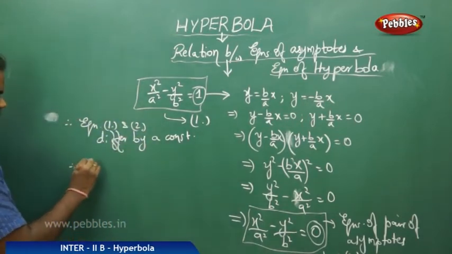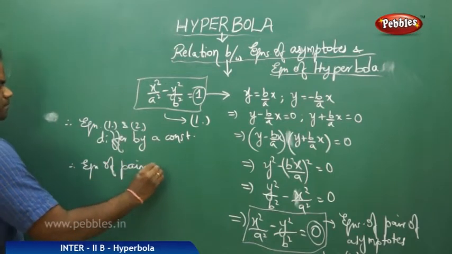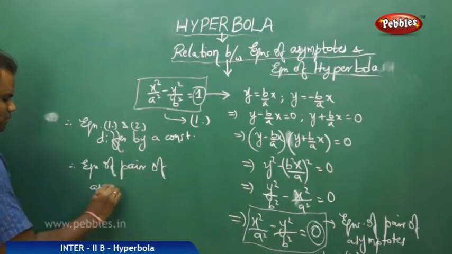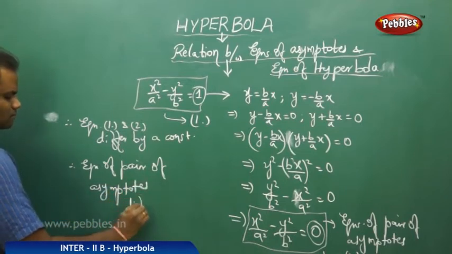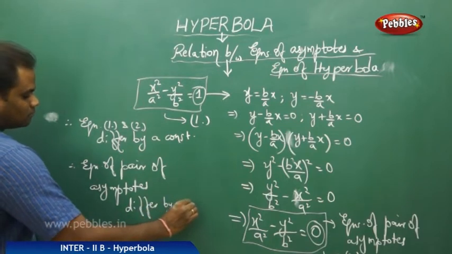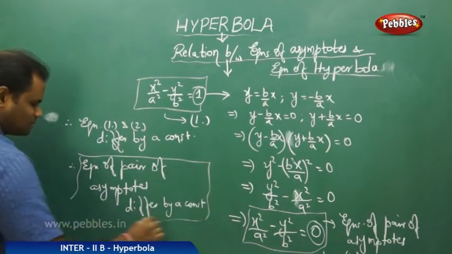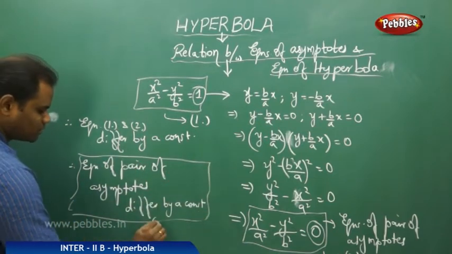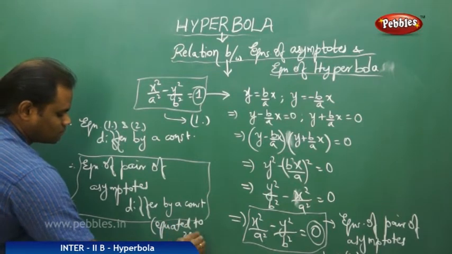Therefore, the equation of the pair of asymptotes differs by a constant, equated to 0.